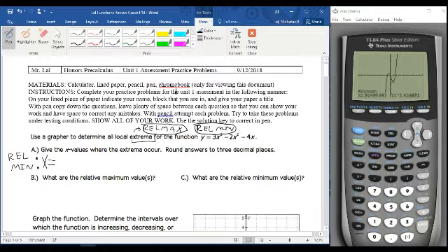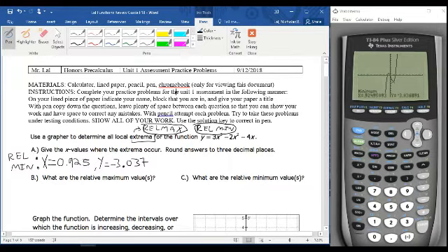The x value is equal to 0.925, and then the y value is going to be negative 3.037.